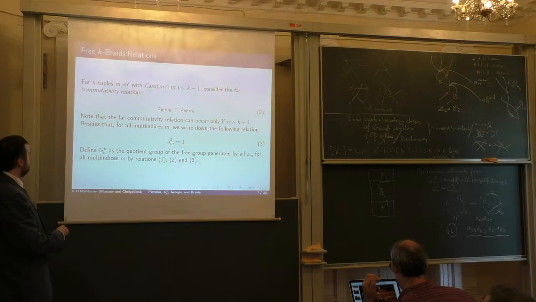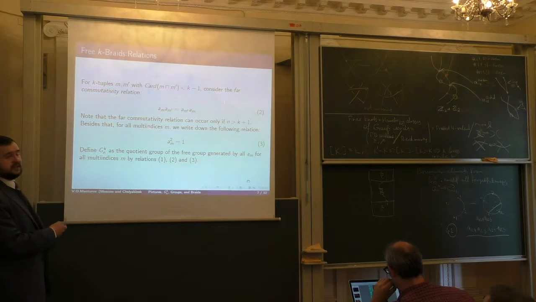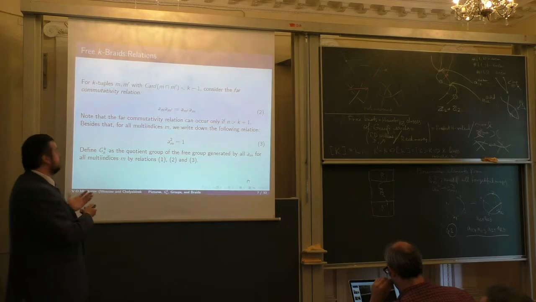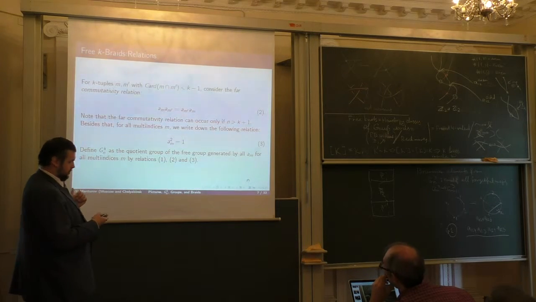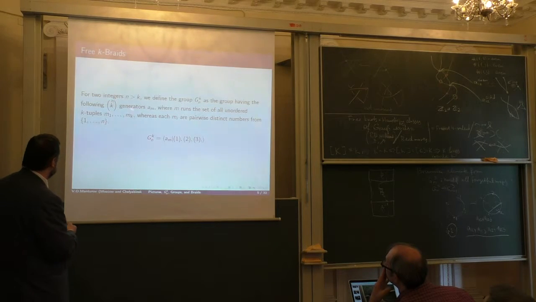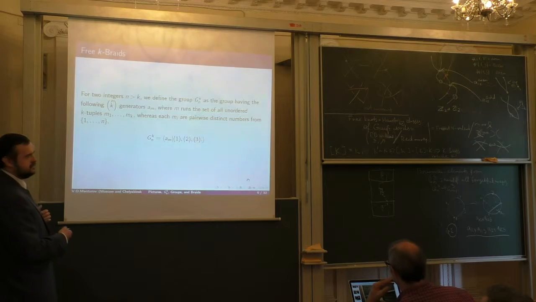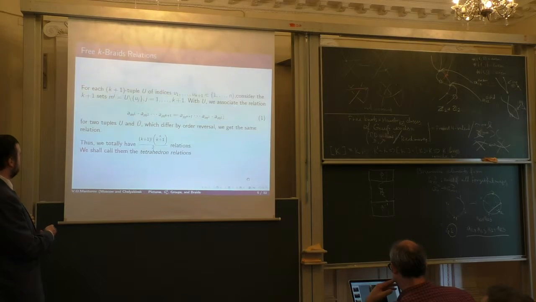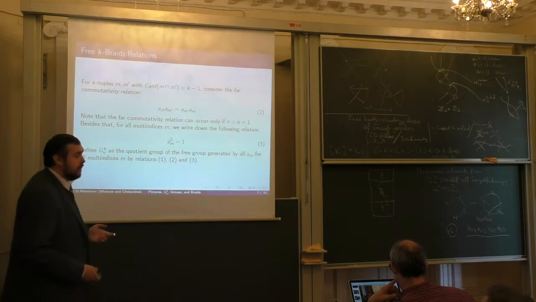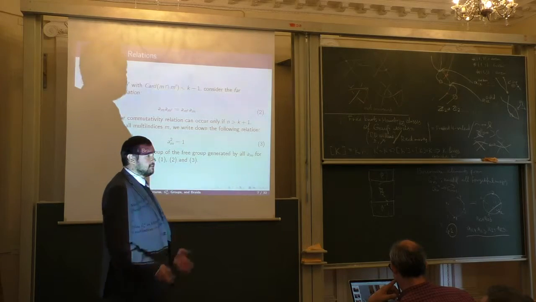The second set of relations is just the far commutativity, very similar to the braid group far commutativity, when we have two indices. Sorry, Vassily, M is a set, so your generator depends on a set. Yeah, so M is a tuple, M_1 and so on, M_k. And A_M and A_M' commute if these sets have a small intersection.